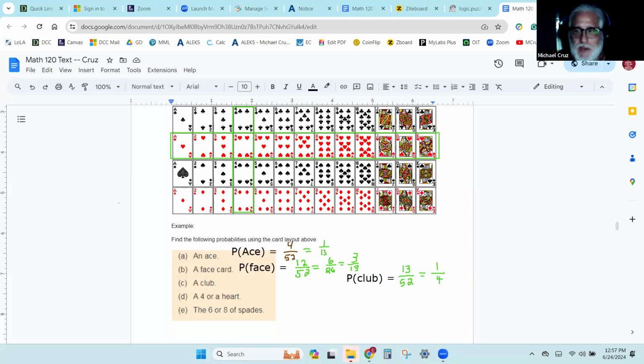So we got 13. The 4 of clubs is our 14th. We're going to skip that one since we already counted it. 15 and then 16. So be very careful. So there's 16 over 52.